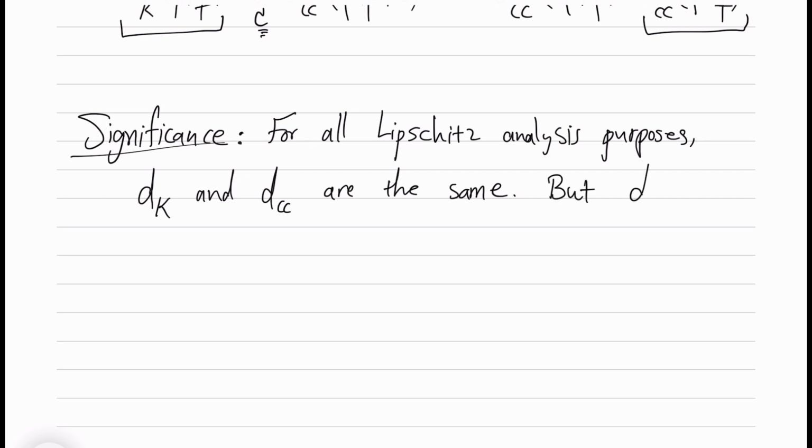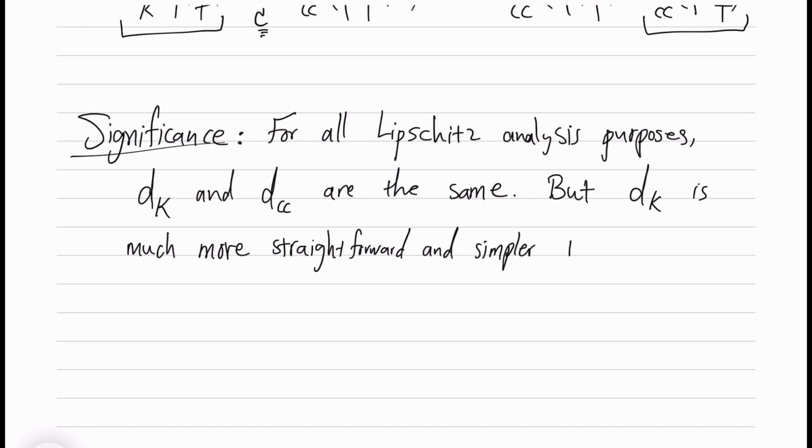But dk is much more straightforward and simpler to define. So in papers that deal with the Lipschitz geometry, people forego all the background required for the definition of dcc: horizontal distribution, horizontal curves, Chow's theorem, why horizontal curves always exist between any given 2 points.